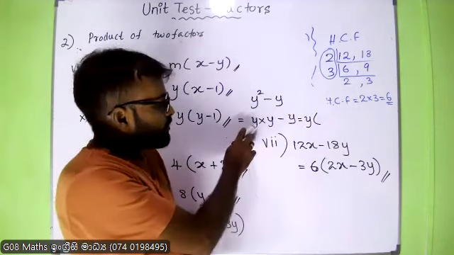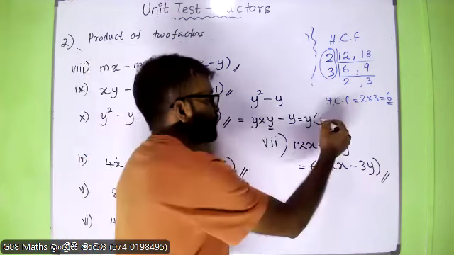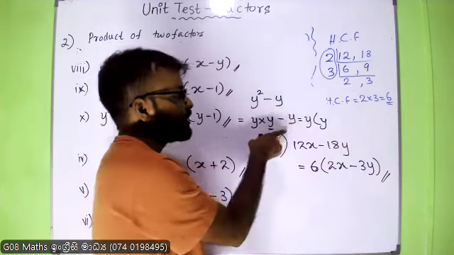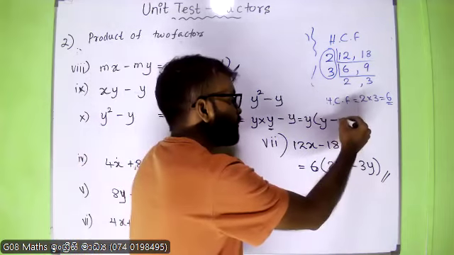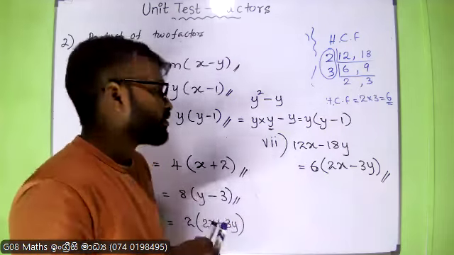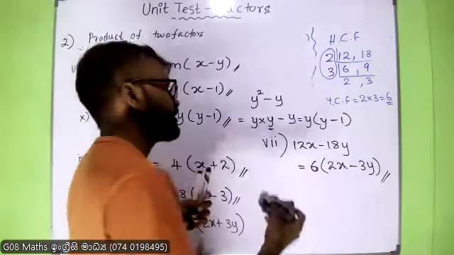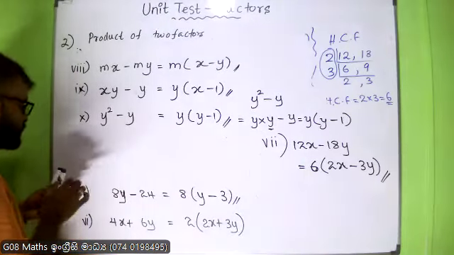If you take one y out from here, this is the remaining part, y. Then here, if you take this y out, minus 1. I think you can understand that. Okay, next one.